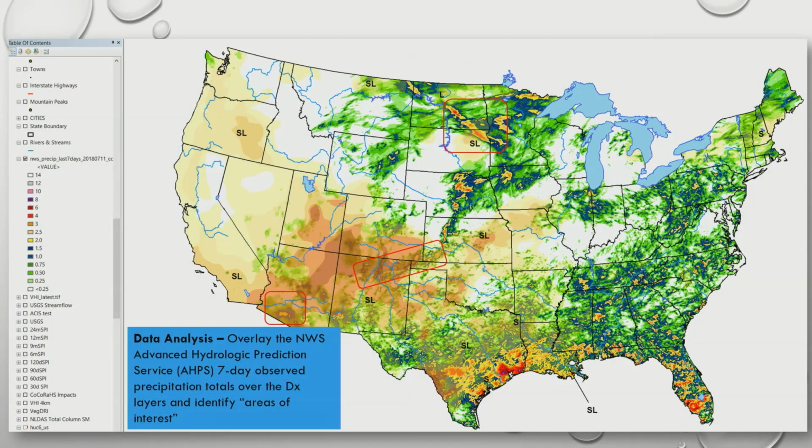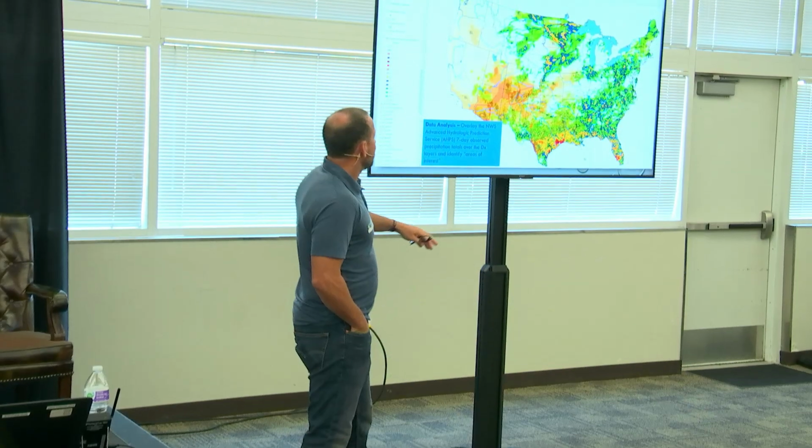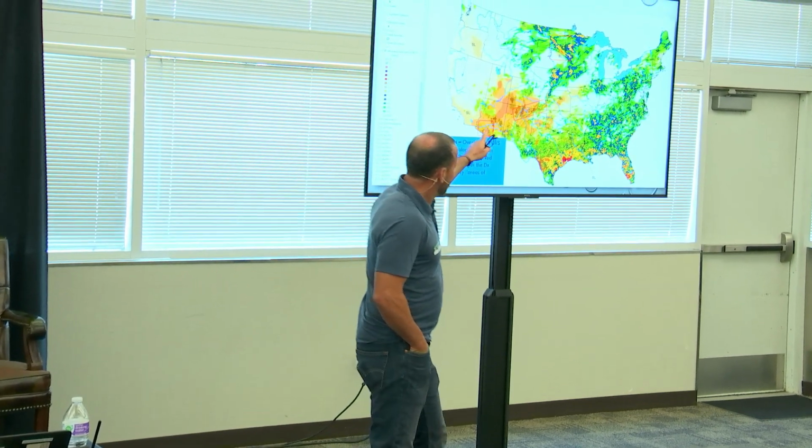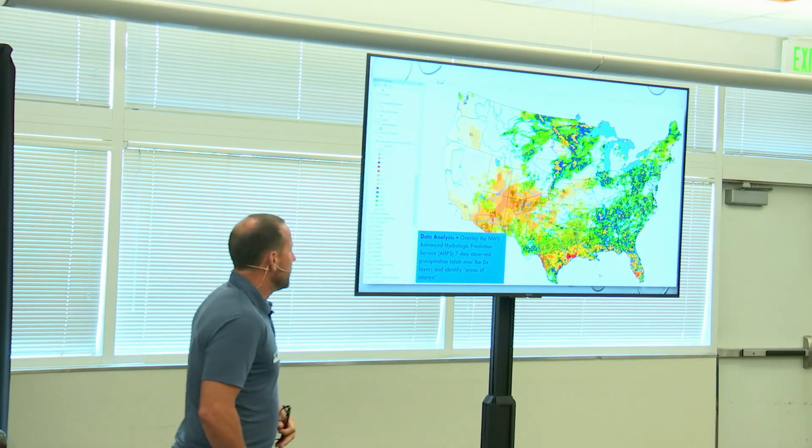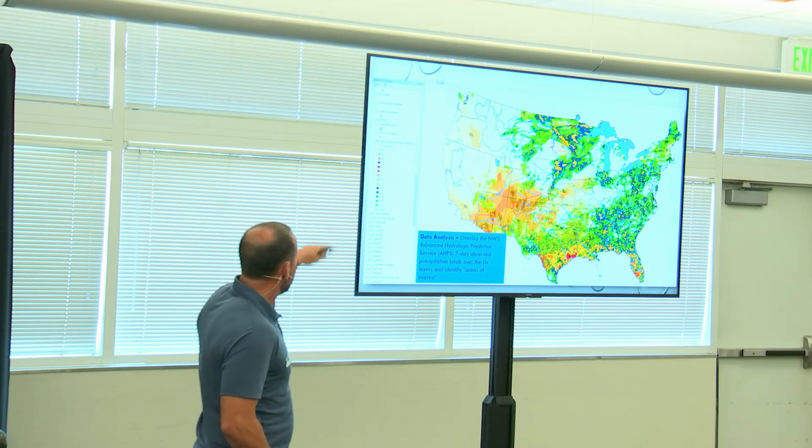This is kind of my first step. I've pulled in the 7-day observed precip from the US. So this is taking a look at that. And what I've done here is I've made the drought layers transparent so I can see through to the other layer, which you can see all the different colors on. So that's basically the 7-day precipitation.